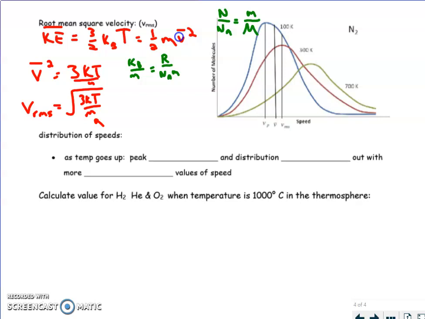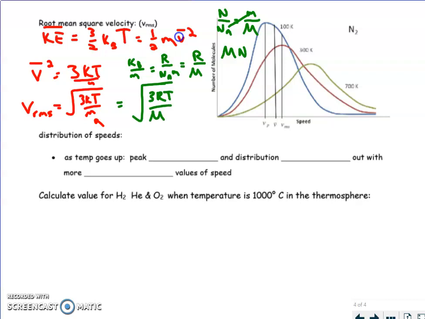So if I cross multiply, I see that Na times m is equal to molecular mass times n, where n is the number of molecules. And since we're interested in 1, that simply becomes equal to R over molecular mass. So this equation, in the more useful form, is that the RMS speed is the square root of 3RT over the molecular mass.